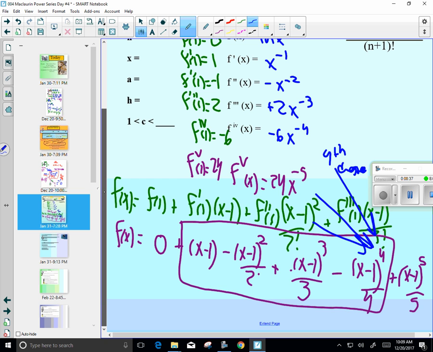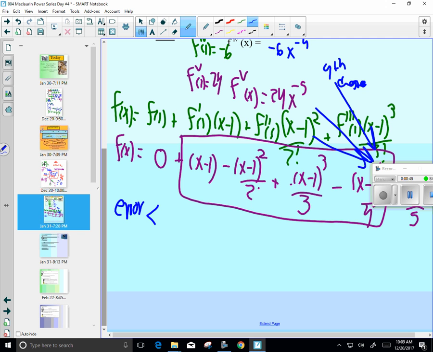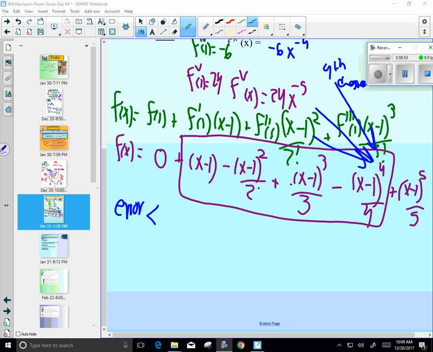To find the Lagrange error, it is going to be less than the next term, plugging in either 1.1 or 1. Okay, so what term is it?